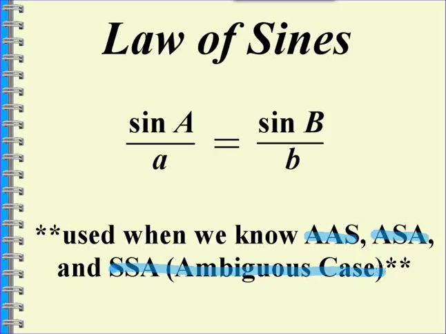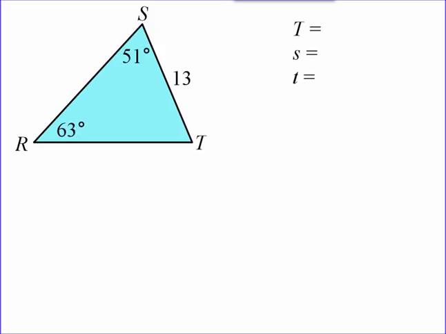You need to remember, law of sines, you use angle, angle, side, angle, side, angle, or the side, side, angle. And no, I don't want you writing that the other way. We write that as side, side, angle, if you haven't figured that out. What's ambiguous? Ambiguous means you don't know if you're going to have one solution or two solutions, and we'll talk about that tomorrow.